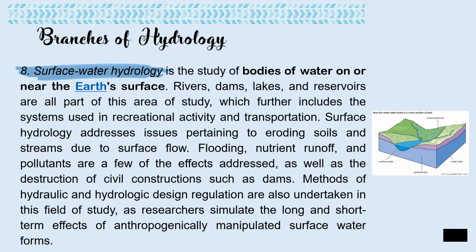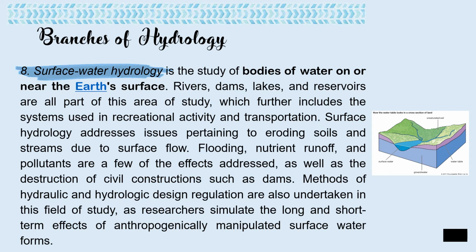Next, we proceed to surface water hydrology. It is the study of bodies of water on or near the Earth's surface. Rivers, dams, lakes, and reservoirs are all part of this area of study, which further includes the systems used in recreational activity and transportation.